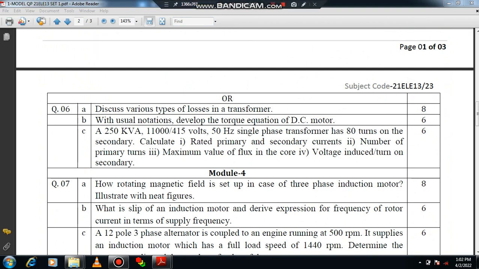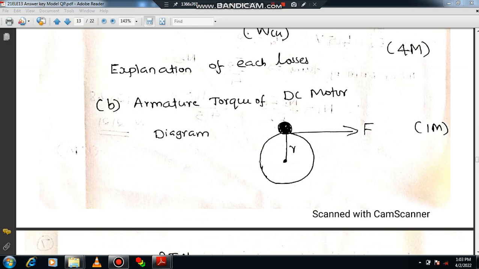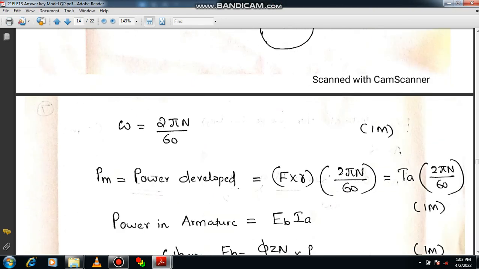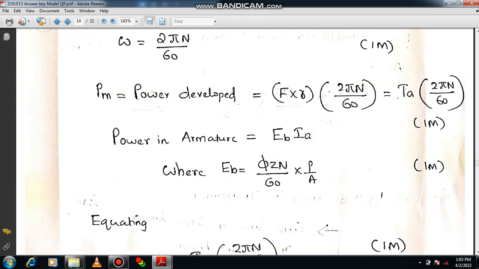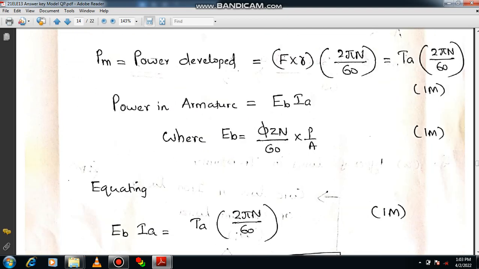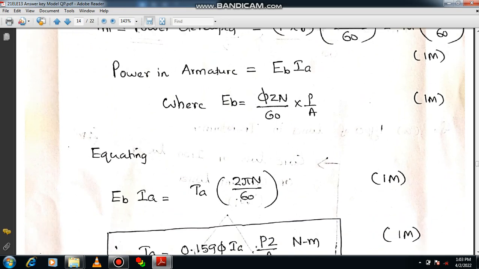Another question is related to the torque equation. Derive the torque equation of a DC motor. So you have to follow the torque equation. Draw the relevant diagram and mention the variables first of all. Then you have to segment the total derivation into 2 or 3 parts. Then mention PM, that means power developed. Then the power in armature. Based on the law of energy conservation, PM will be equal to the power in armature.